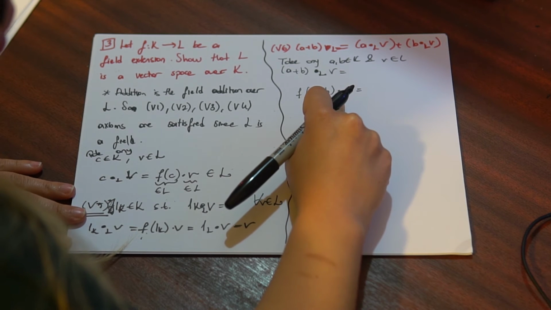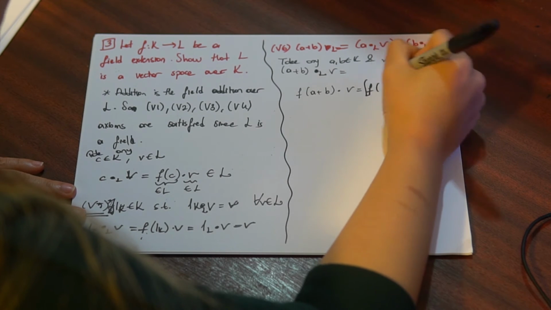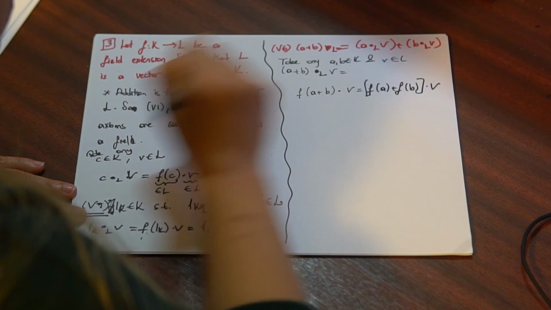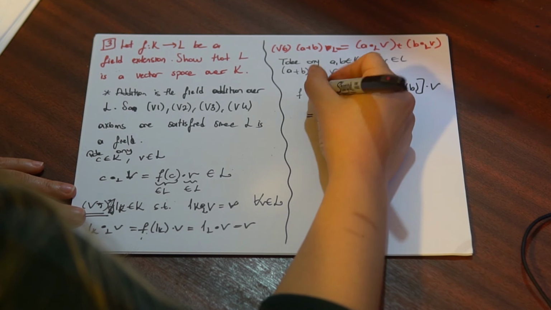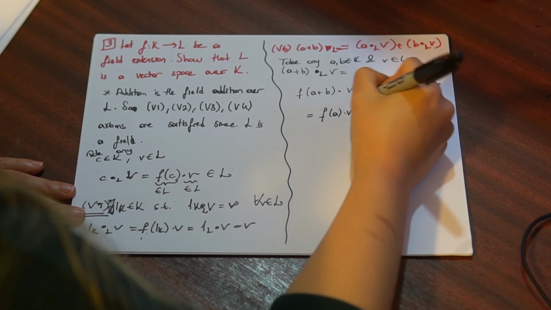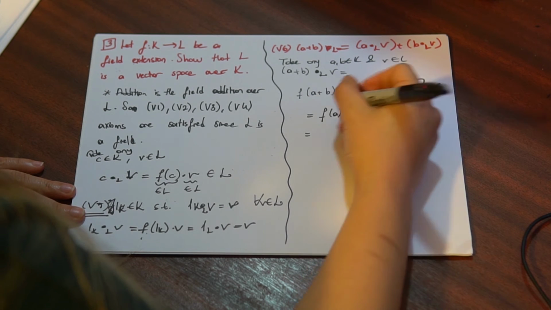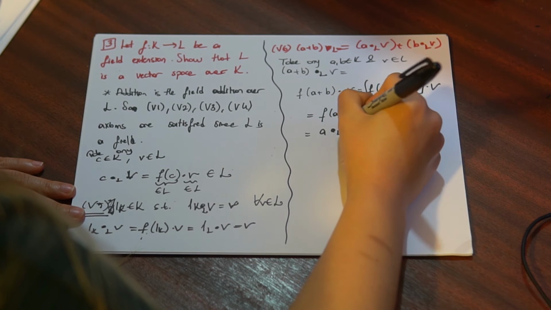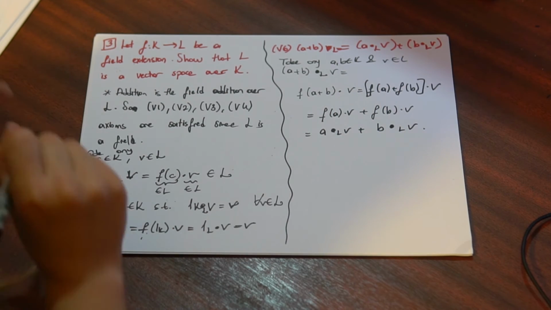Since this is a field homomorphism, we can separate this f. We have f of a plus f of b, times v. So we can distribute this inside. We will have f of a times v plus f of b times v. So we will have a times v plus b times v.